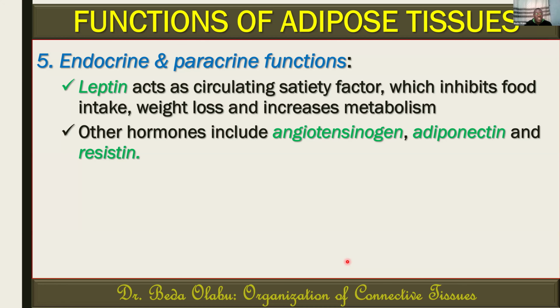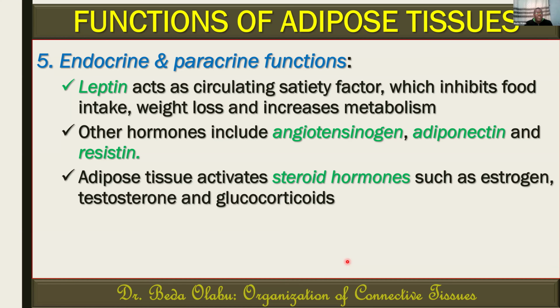Adiponectin and resistin are also other hormones which are produced by the adipocytes. We can check the functions later. Now, we also know that adipocytes activate steroid hormones such as estrogen, testosterone, and glucocorticoids. Now, point to note is that adipocytes do not synthesize these hormones de novo.